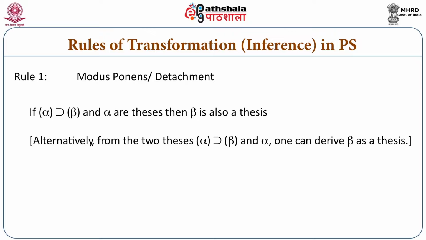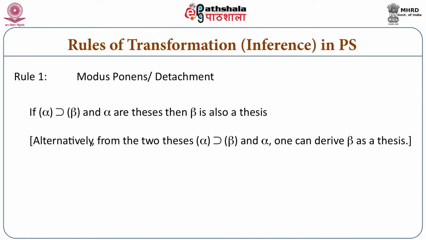That is, given a sentence alpha implies beta and another sentence alpha, and if these two sentences are true, then we can infer the truth of the sentence beta. Alternatively, we can also say that if alpha implies beta and alpha is provided, then we can infer beta.